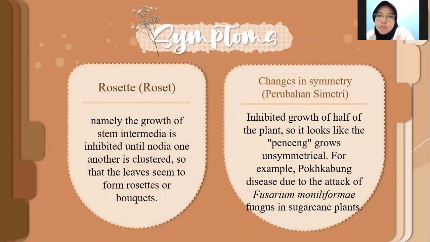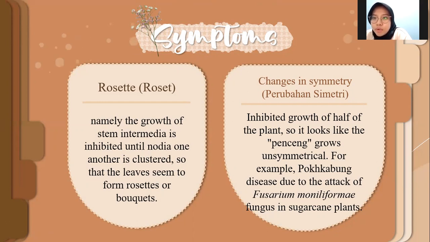Rosette: the growth of stem internodes is inhibited until the nodes are clustered together, so that the leaves seem to form a rosette or bucket. Change in symmetry: growth of half of the plant is inhibited, so the branching looks unsymmetrical.